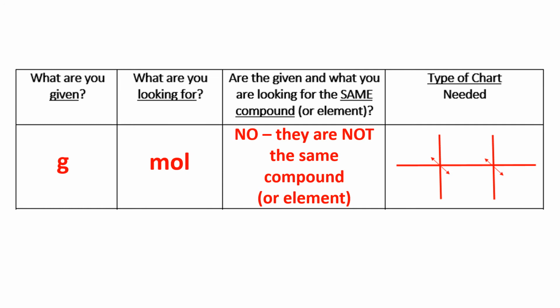Okay, if we're doing it the other way, this is just doing it backwards. So grams of 1 to moles of the other. Again, it's a 2-step process. So we start with our given grams. We have to convert that to moles. So this would be the molar mass of the given, and 1 mole.